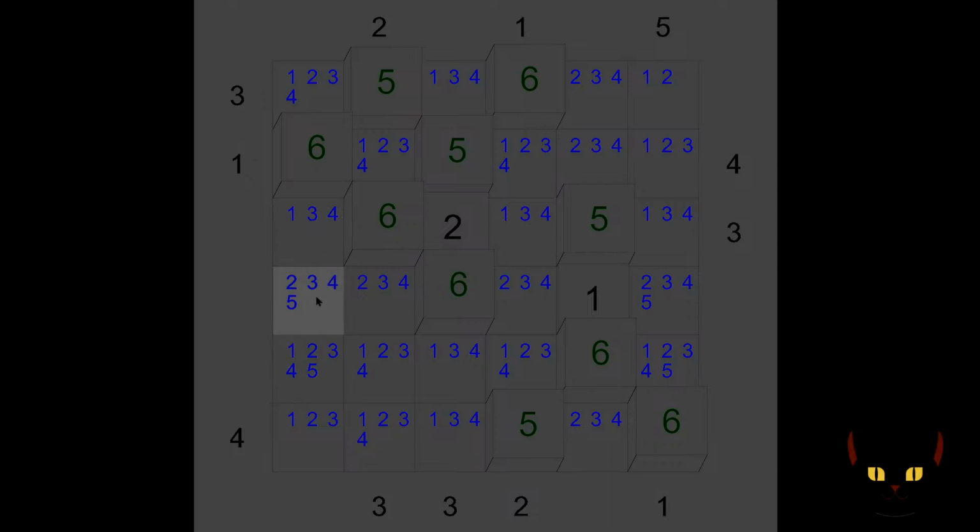It could have been one of these two. One of these two. Okay, and doing it the other way made that one the 5. Between these two, and one of these two.